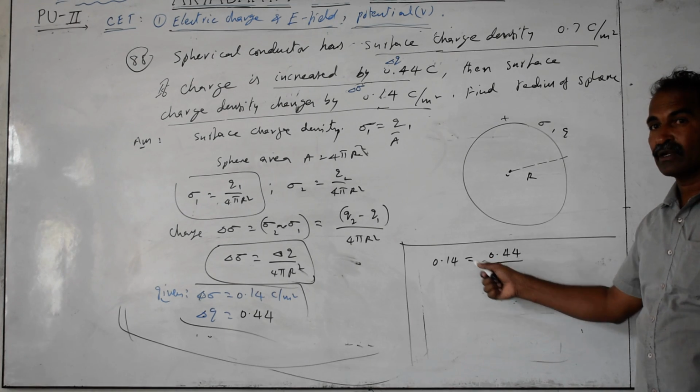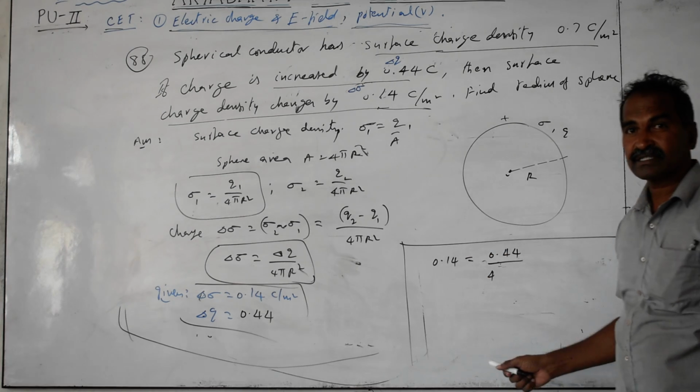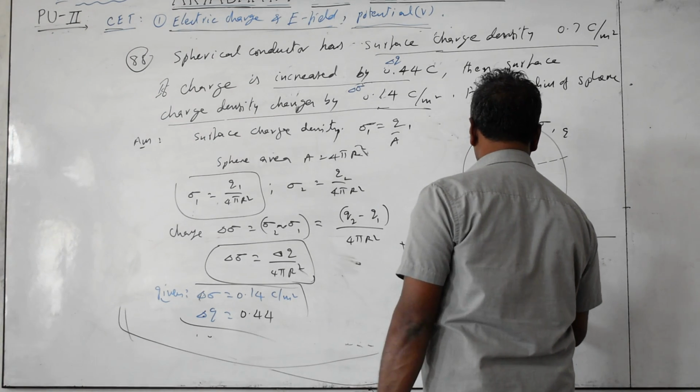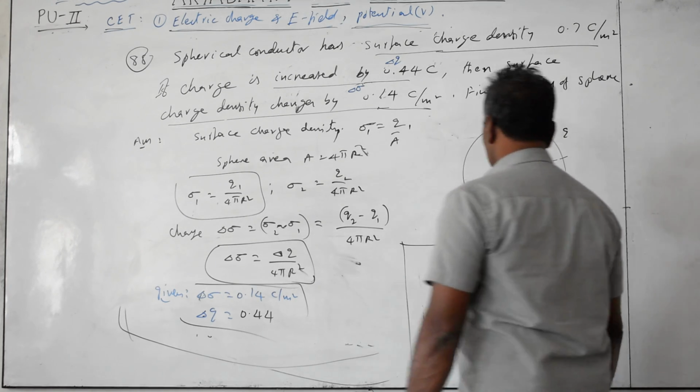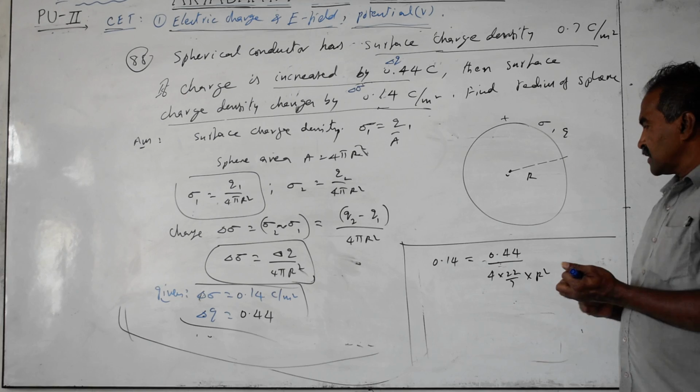So 22 by 7 you better take, so we can easily divide this. So we get 4 into 22 by 7 into r square. Decimals can directly cancel on left and right side.